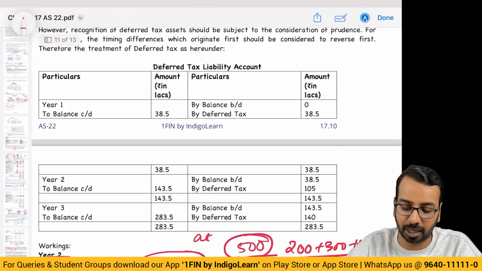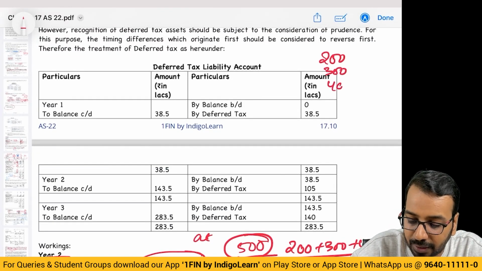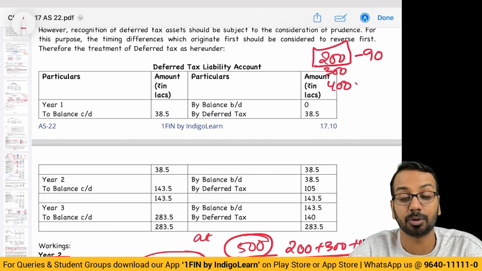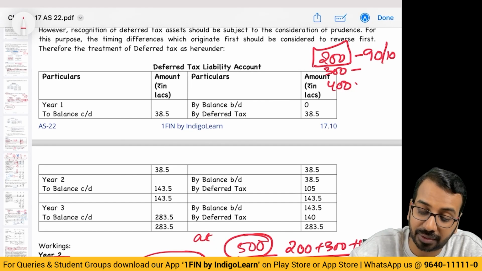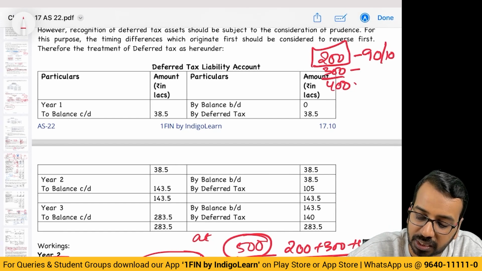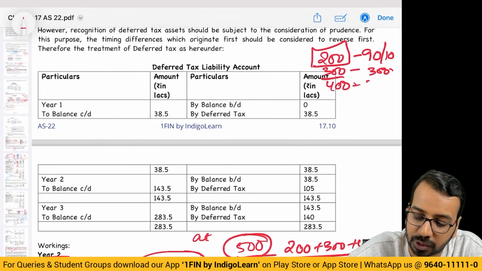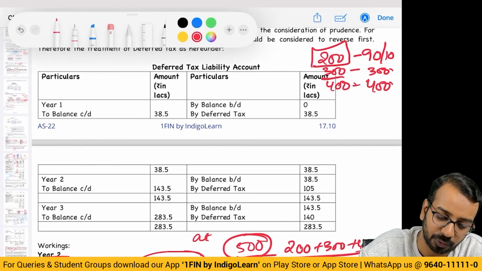Now, if you see the breakup, we have 200, we have 300, and we have 400. Out of this 200, 90 will get reversed because it is first in first out basis, and the rest will get reversed subsequently. I am repeating once again.